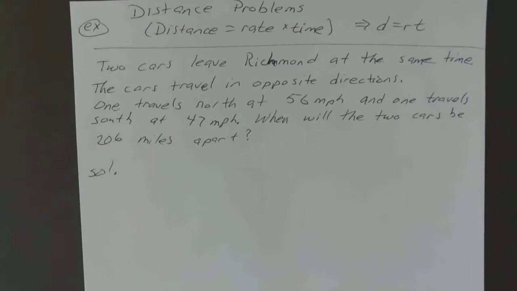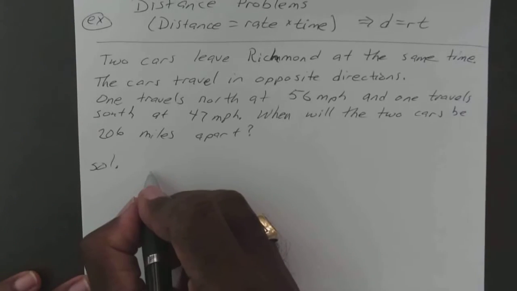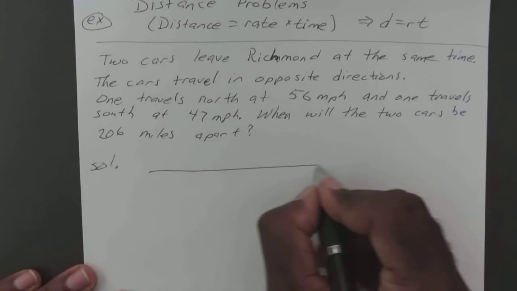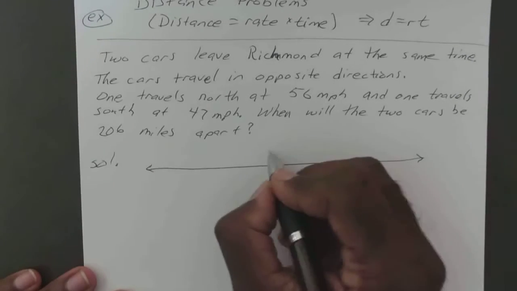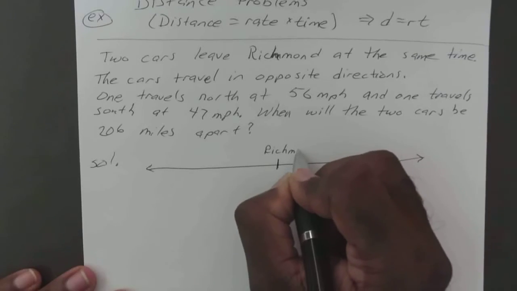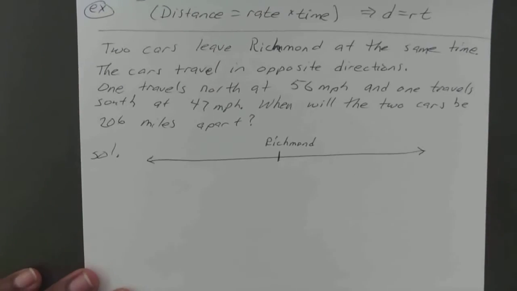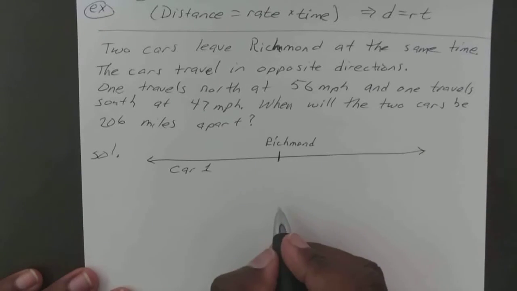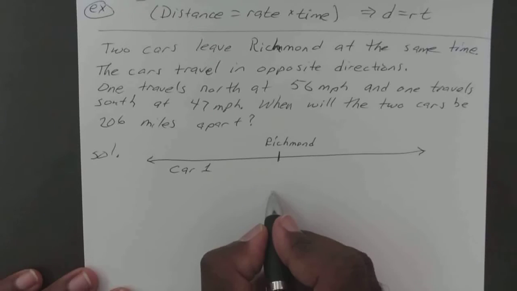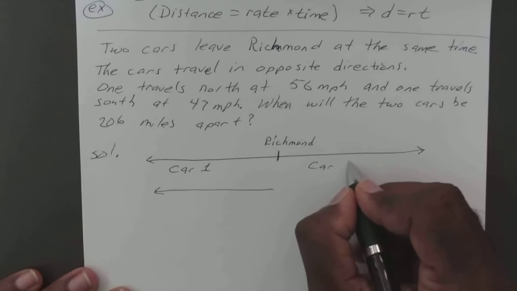Okay. So really, this is, like I said, the biggest point where you would like to draw a picture, because it gives you an idea. Okay, so let's say right here in the middle, this is Richmond. Okay, so we know car number 1 is going, well, we'll call this way north. Doesn't really matter on paper. And we'll say this is car number 2.